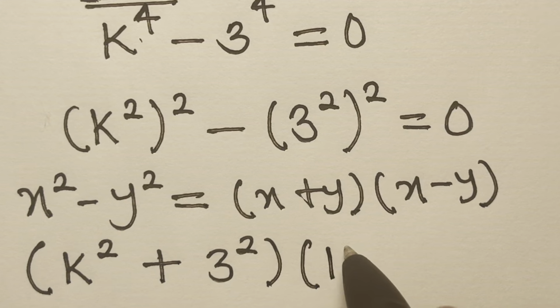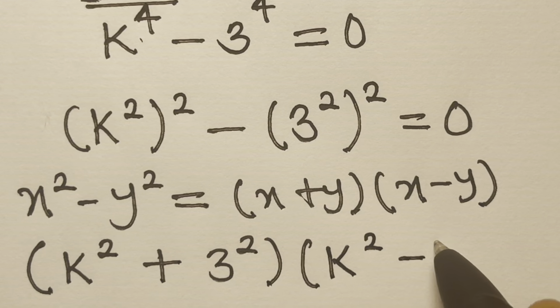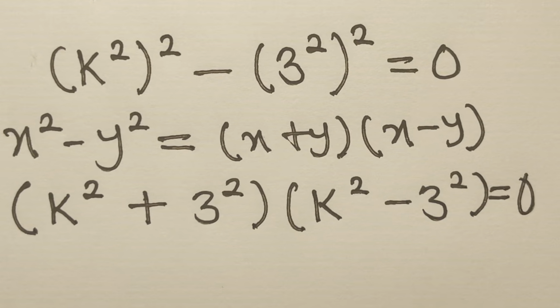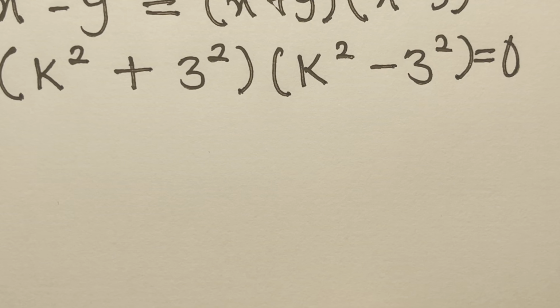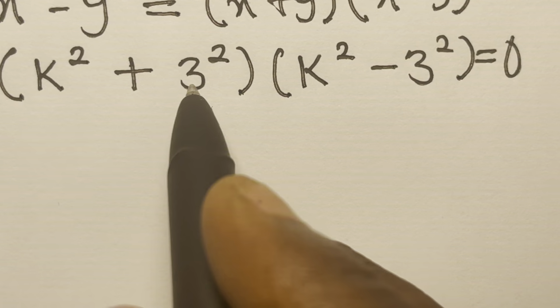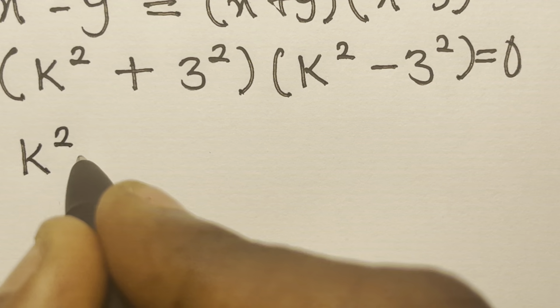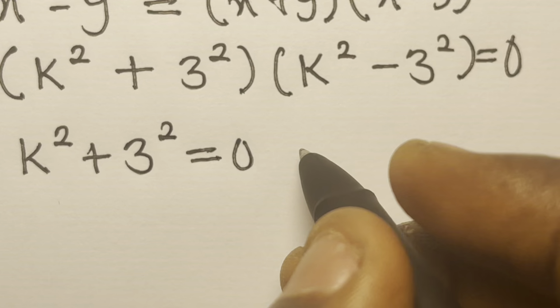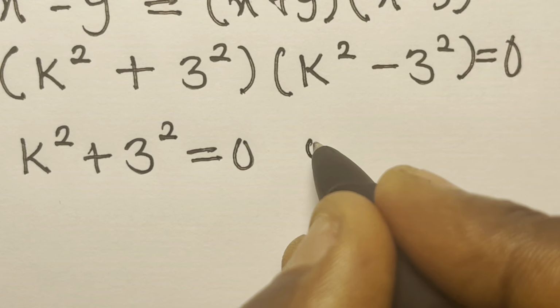So then k square minus 3 square equals 0. All right. So from here, what this means is that we have this equals 0 and this equals 0. So we have k square plus 3 square equals 0, or k square minus 3 square equals 0, right?